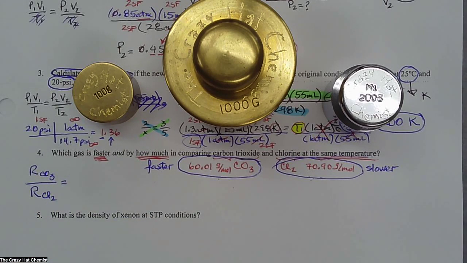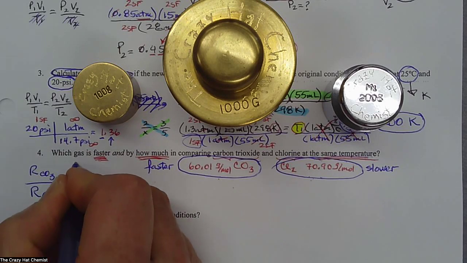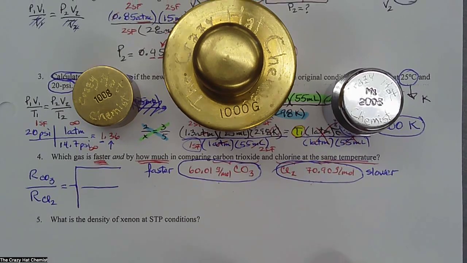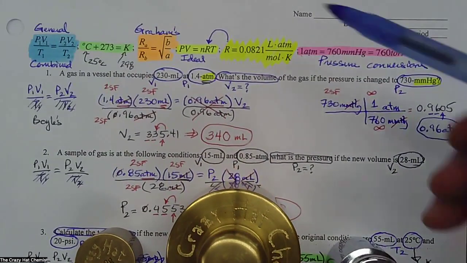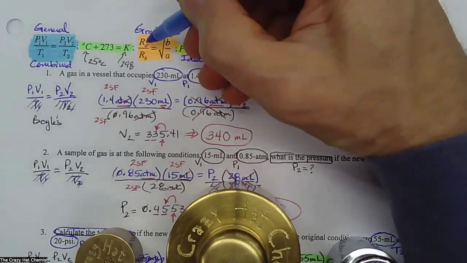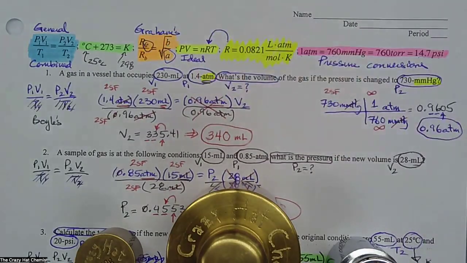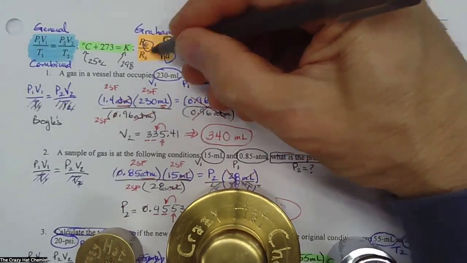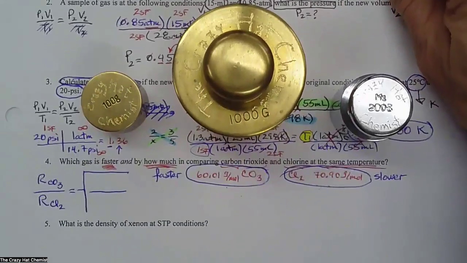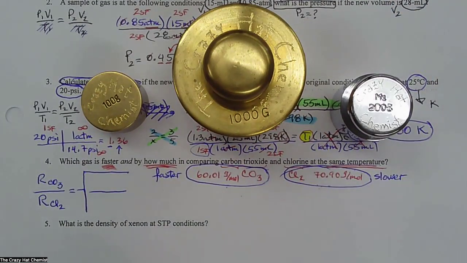Then it is the square root of an inverse relationship of their molar masses. We are using Graham's law. This is an inverse relationship. Notice that A is here, A is here, and B is here and B is here. That's an inverse relationship.